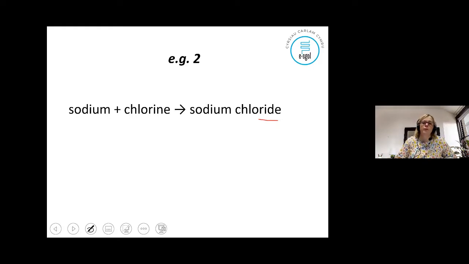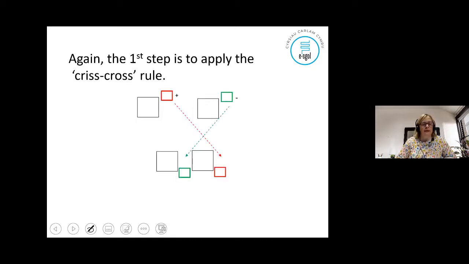And then if you apply, which I will show you again, the crisscross rule. In this sense, let's be careful. You've got Na, okay, it's got a 1, it's not written, it's blank, okay, and then you've got chloride, also doesn't have a number, but we give it 1. Now, if I recap the rules we did last week, if the numbers are the same at the top, in this case, 1 and 1, you do not crisscross.